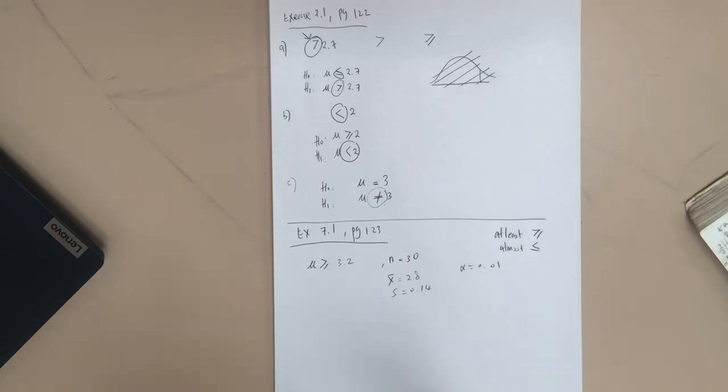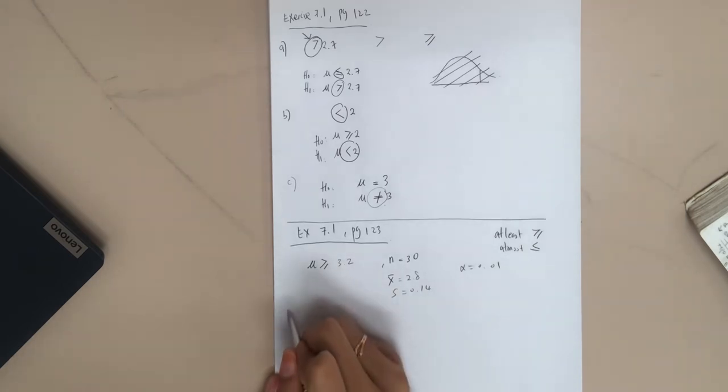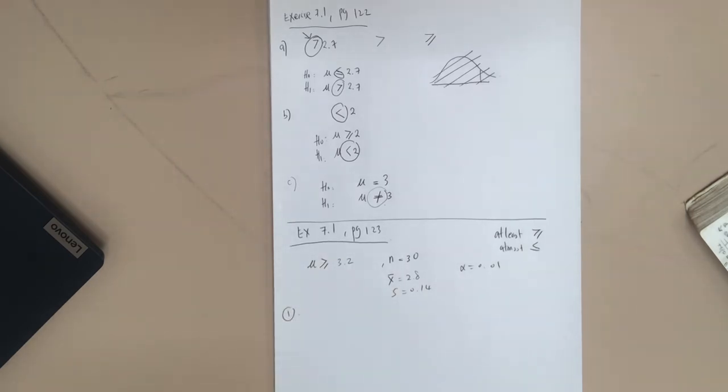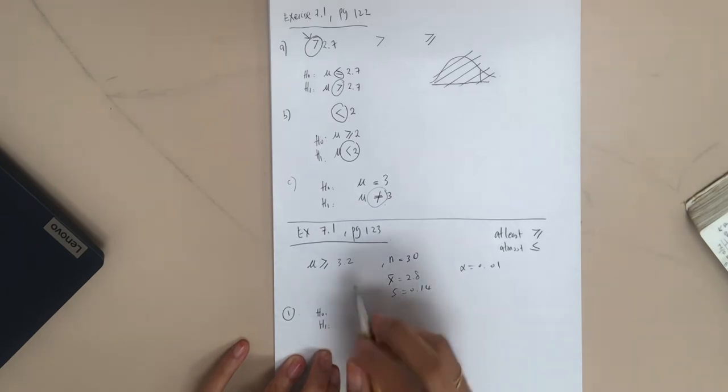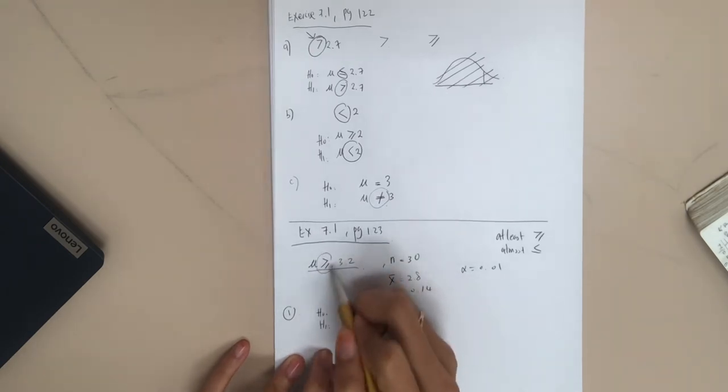So we need to follow step by step. Step number 1: you need to state the null and alternative hypothesis. So what is your H0 and what is your H1? Your H0 is exactly this one because it has an equal sign.